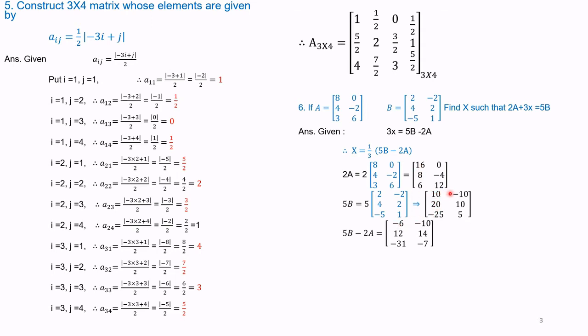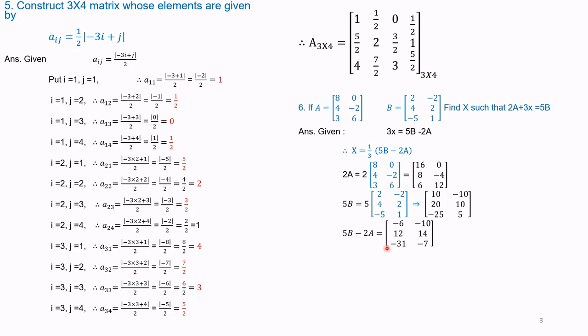Minus 10 minus 0 is minus 10. 20 minus 8 is 12. 10 minus of minus 4 is 10 plus 4, 14. Minus 25 minus 6 is minus 31. And 5 minus 12 is minus 7. So, we have calculated 5B minus 2A.